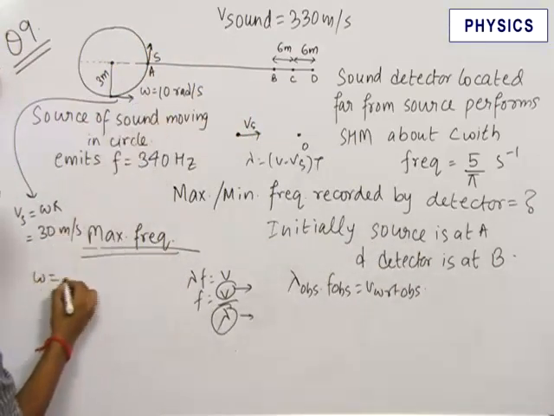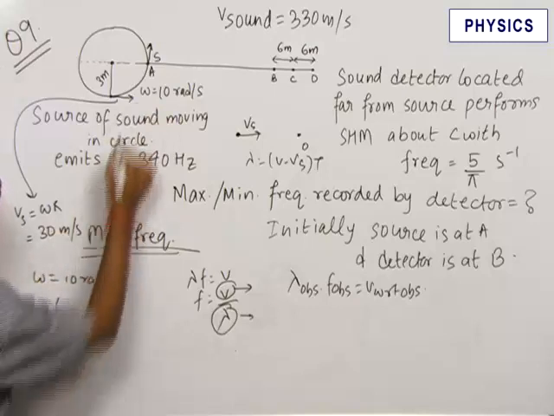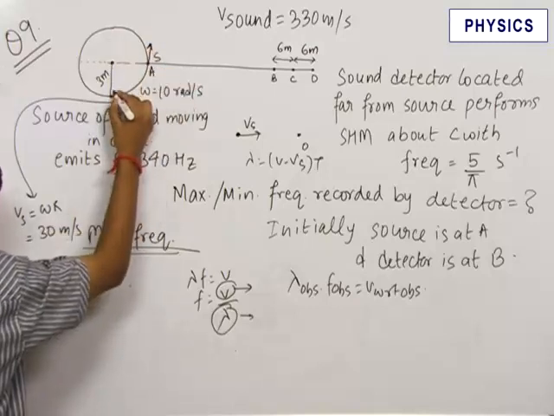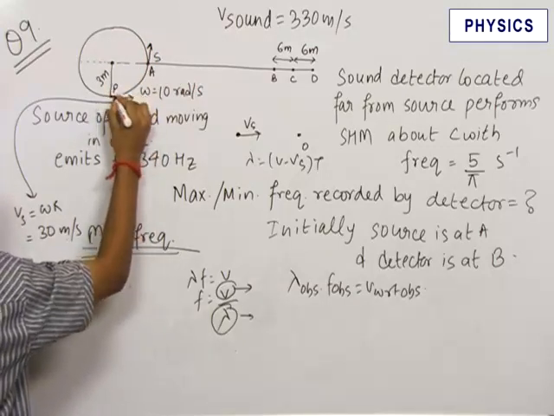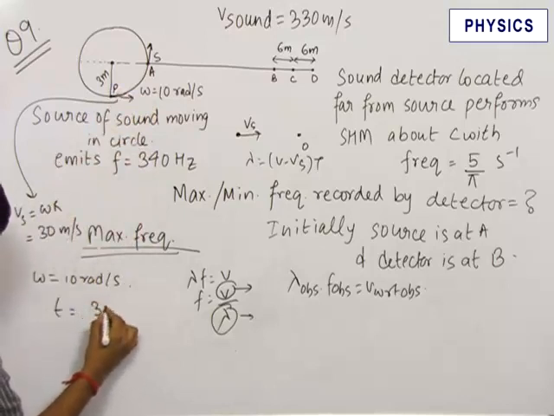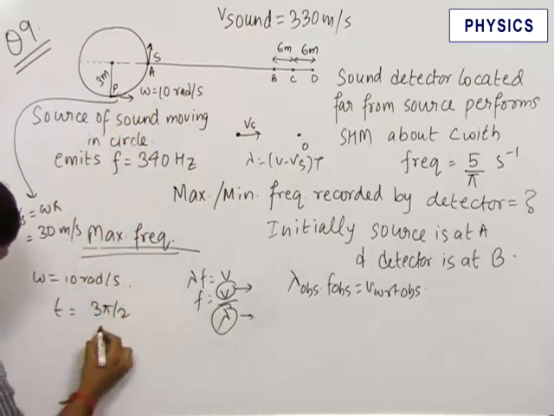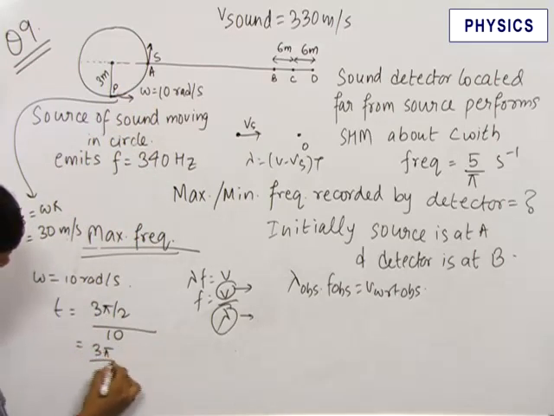Omega is equal to 10 radians per second. Therefore the time taken by the source to reach this point, let this be P, will be equal to 3 pi by 2 radians upon 10, that is equal to 3 pi by 20.